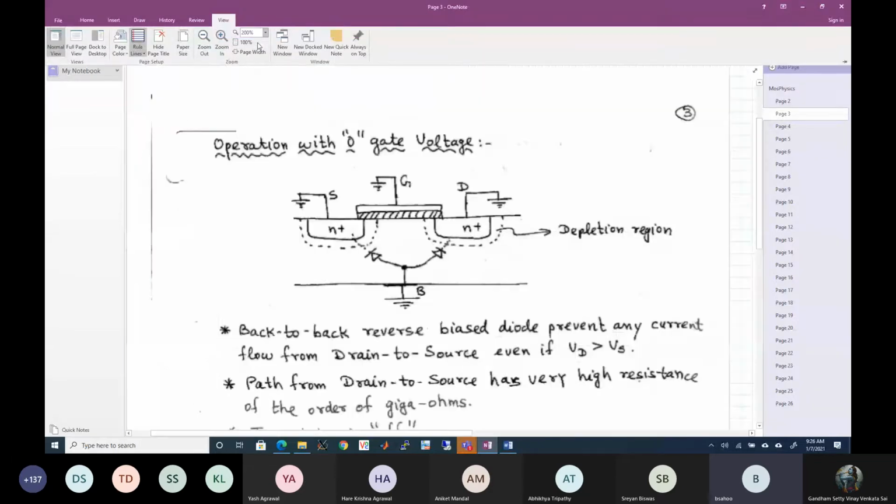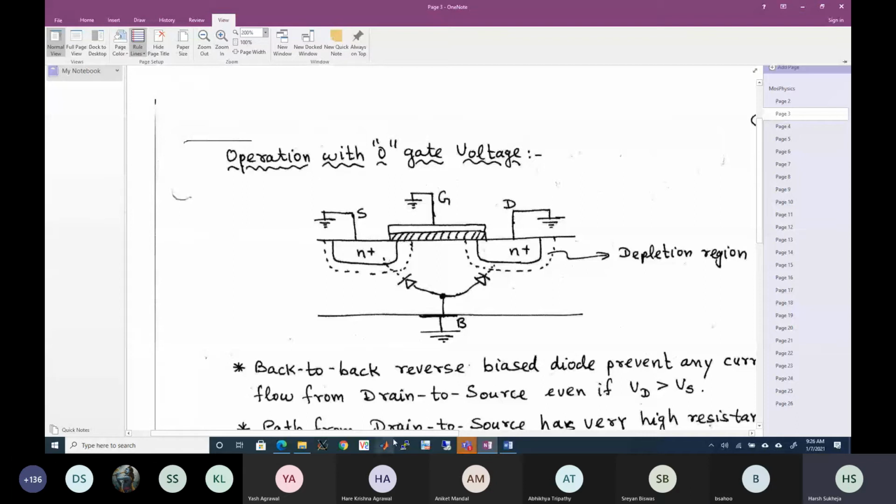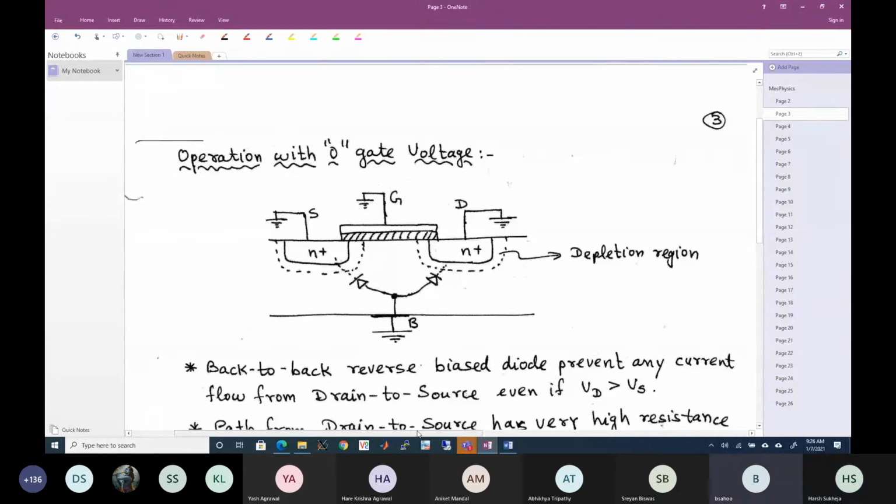Sir, what do you mean by realize capacitors? Realize a capacitor means if I want to build a capacitor inside the chip, I would try to operate the MOSFET in accumulation mode.